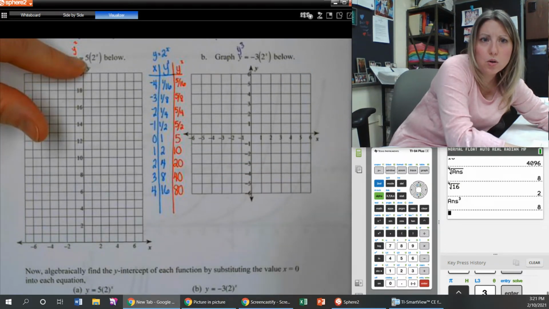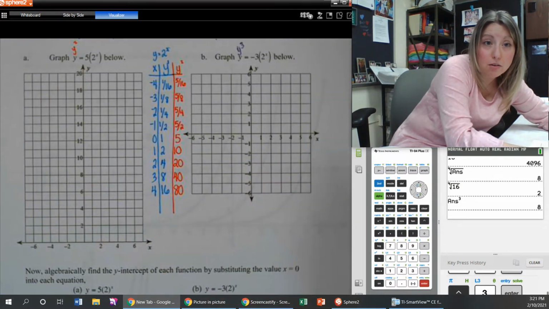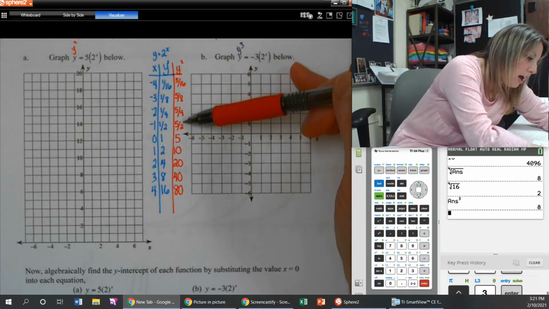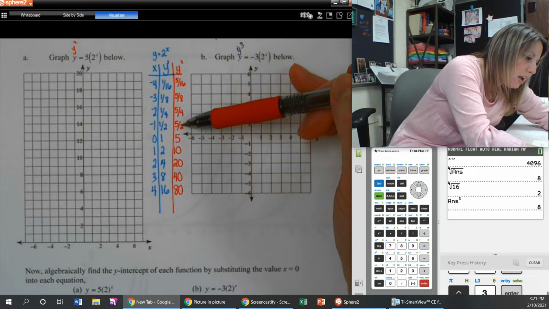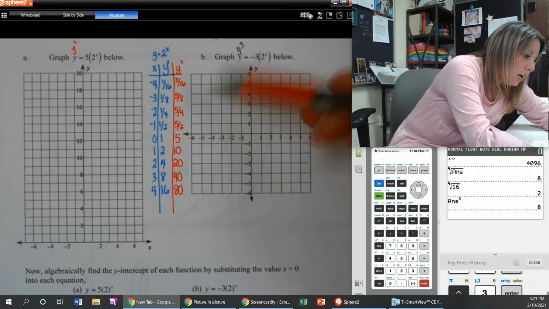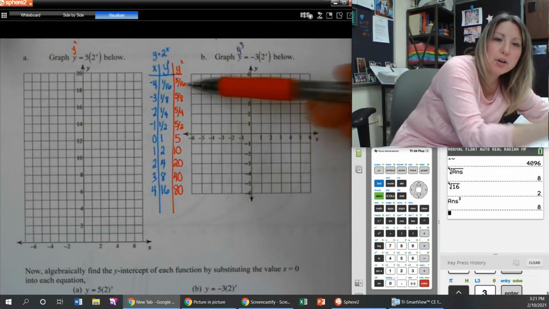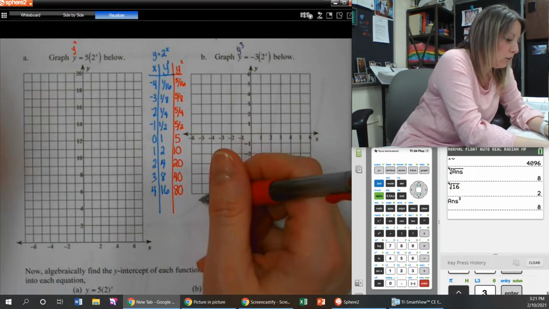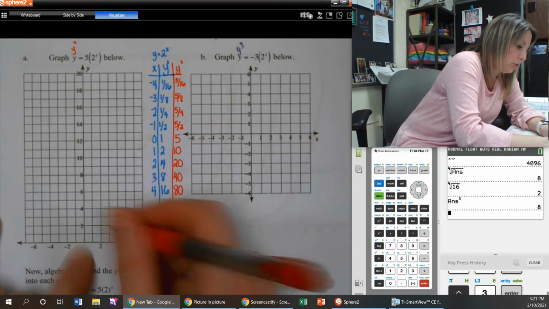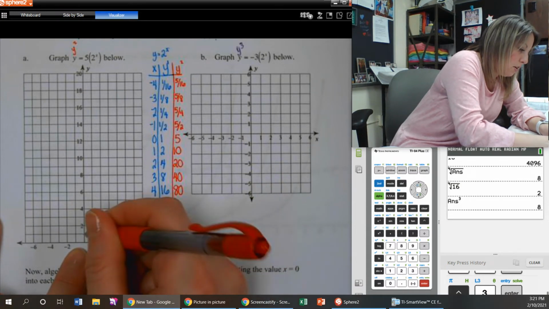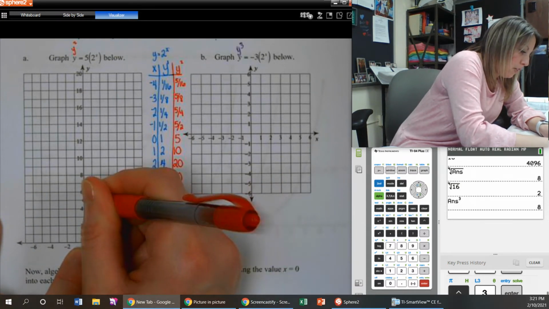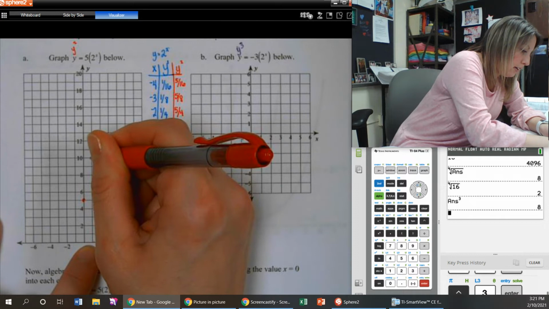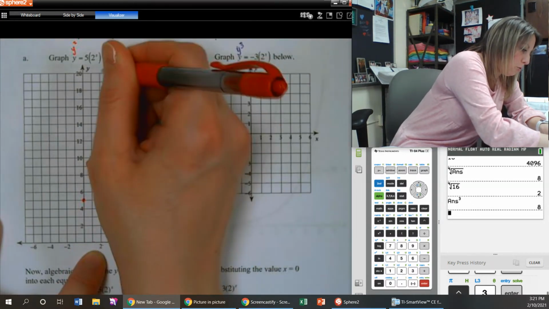Whoa. So obviously I have less potential points to fit on this graph, but on this end, think about it, my asymptote is still 0, but it's going to take me a little longer on that end to get close to it, right? So let's kind of do the integer points first. So 0, 5, and then 1 all the way up to 10, and then 2 all the way up to 20.